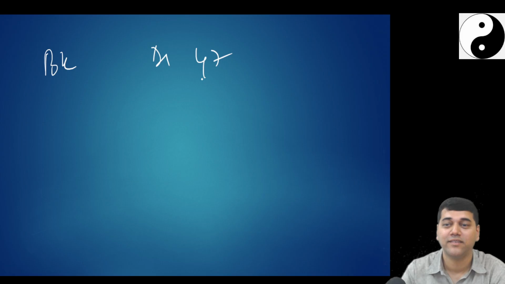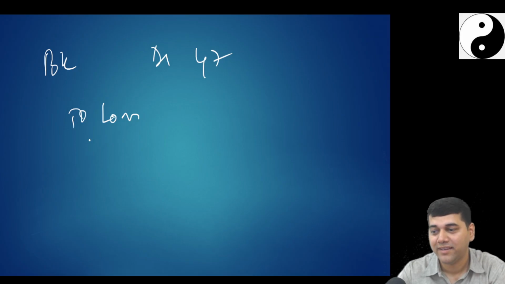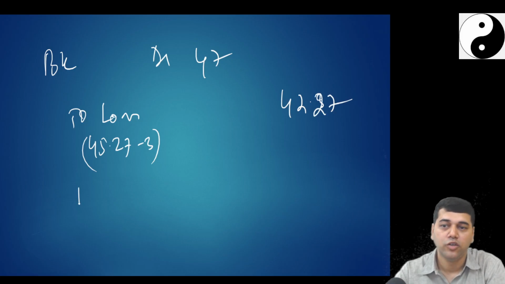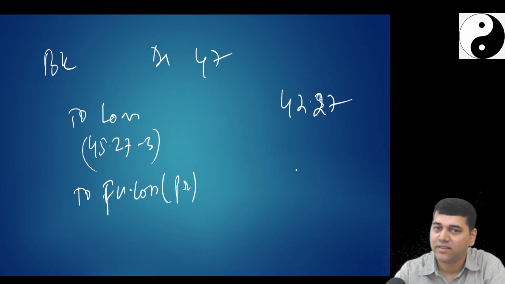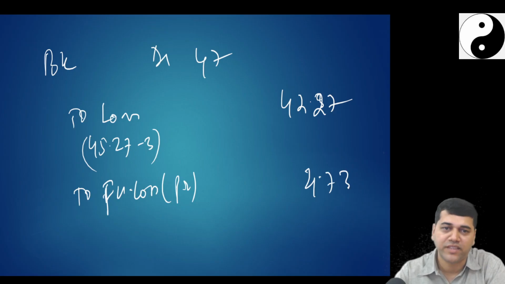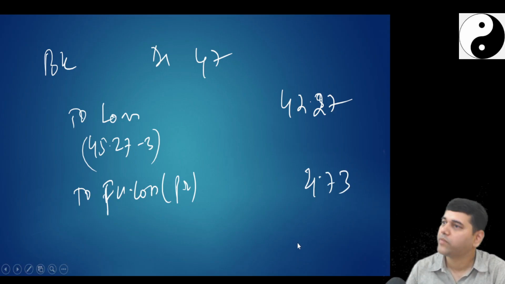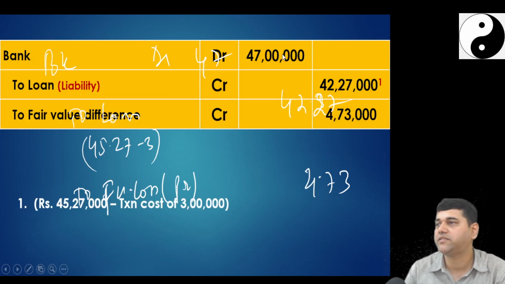Transaction cost is there. Loan 40. 45.27 minus 3, 42.27. Fair value loss to P&L, how much? 4.73. Clear? Yeah.